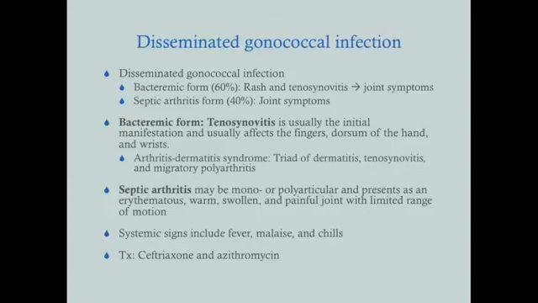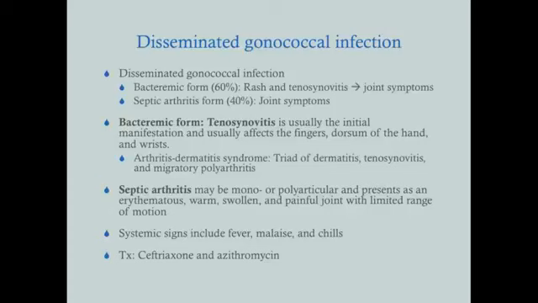Septic arthritis can be mono or polyarticular. Better word would be pauciarticular, meaning few joints, and presents as erythematous, warm, swollen, and painful joint with limited range of motion. If this were limited to one joint, like just the knee, you could get a gram stain of the synovial fluid, but it's not really going to be terribly helpful if we're suspecting gonococcal infection, because as mentioned, it's only positive in about 50% of patients.